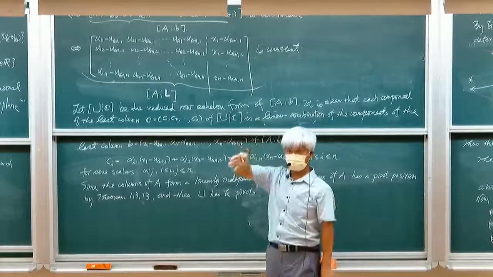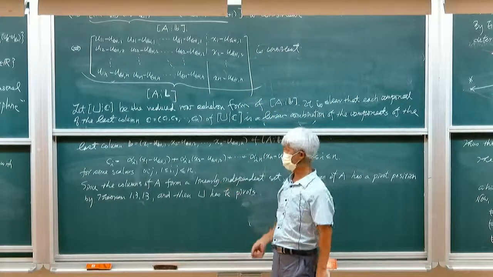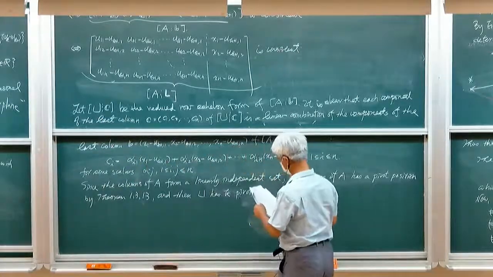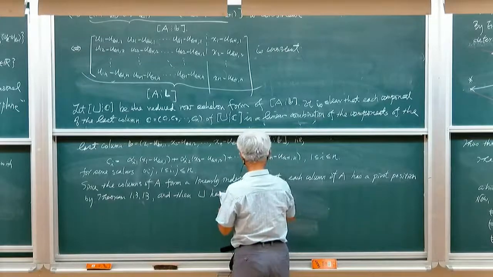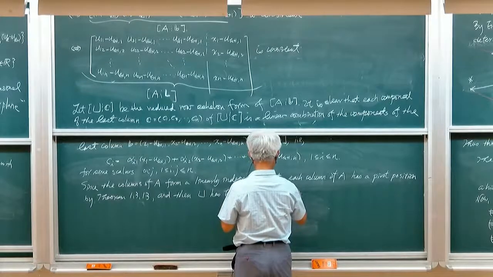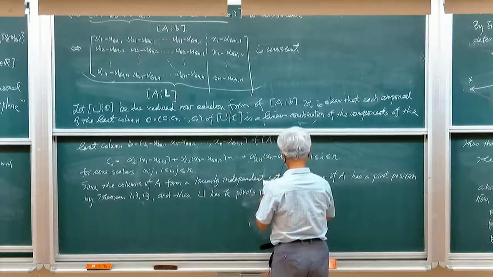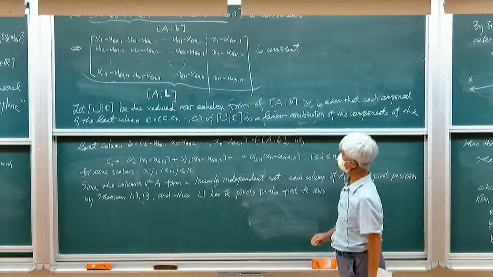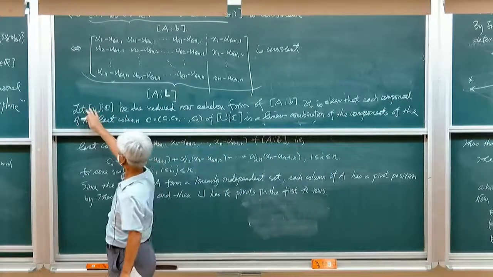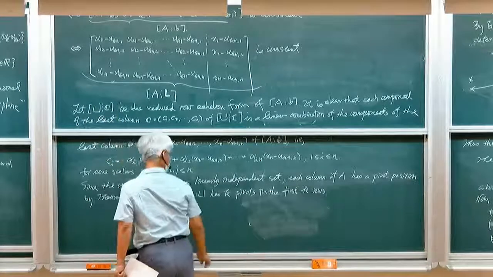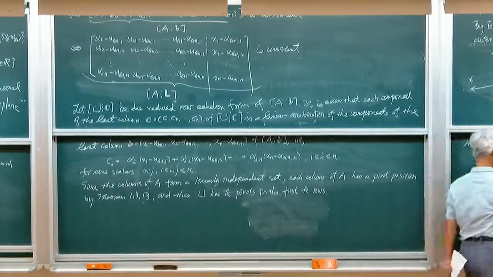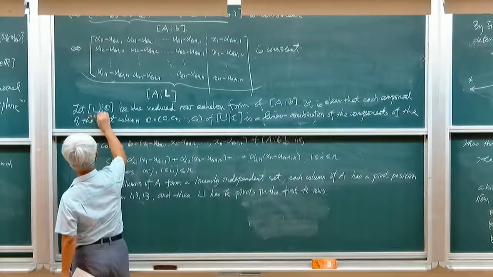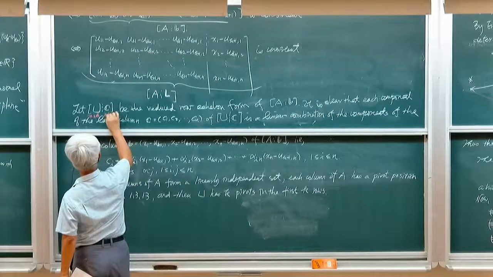Every column has a pivot position, so in this reduced row echelon form we have k pivots in the first k rows. Remember the dimension of U: U is n times k, and this C is n times 1.